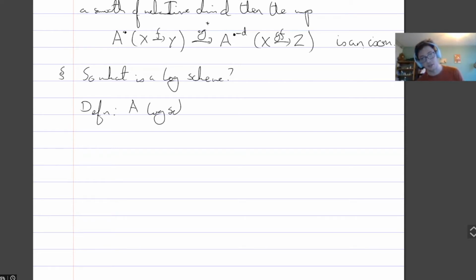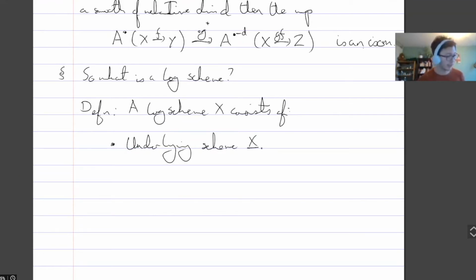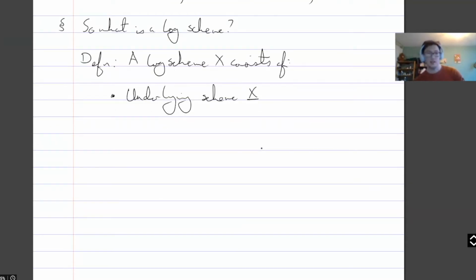A log scheme X consists of the following data. The first piece of data is an underlying scheme. And because we like puns, we're going to write it as the underlying scheme. The second thing is a sheaf of monoids.